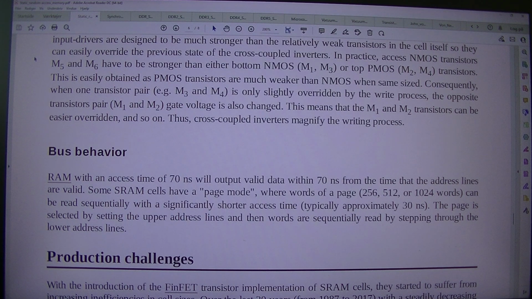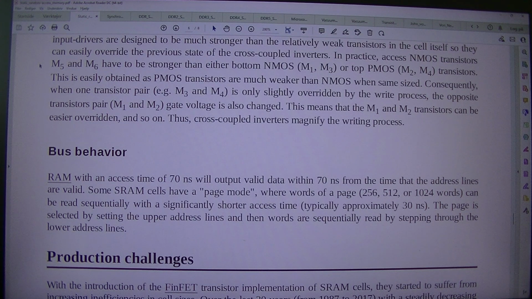Consequently, when one transistor pair, for example M3 and M4, is only slightly overridden by the write process, the opposite transistor pair, M1 and M2, gate voltage is also changed. This means that the M1 and M2 transistors can be more easily overridden, and so on. Thus, cross-coupled inverters magnify the writing process.